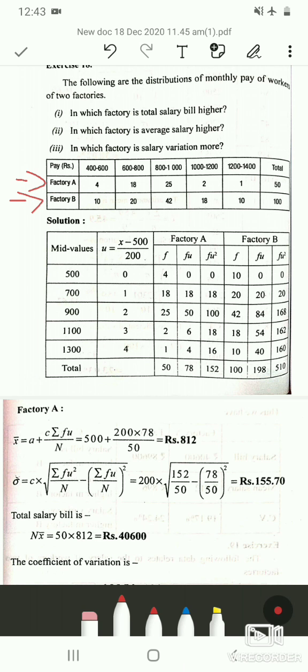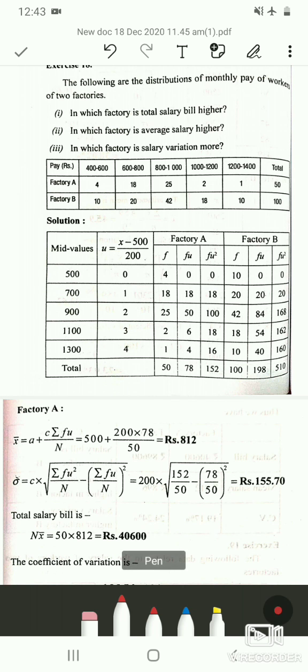They have given two data sets, that is factory A and factory B, the monthly pay of workers. First let us find out arithmetic mean and standard deviation for factory A, and then we'll calculate x bar and sigma for factory B. We know these are continuous data.